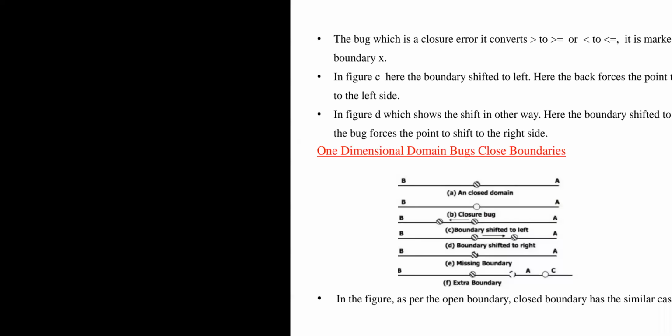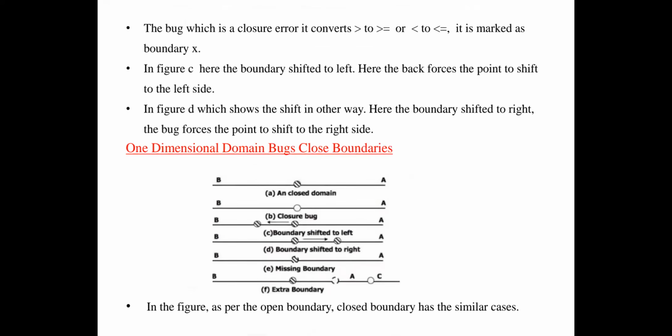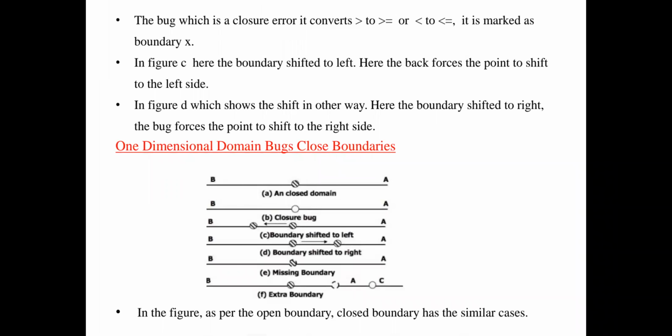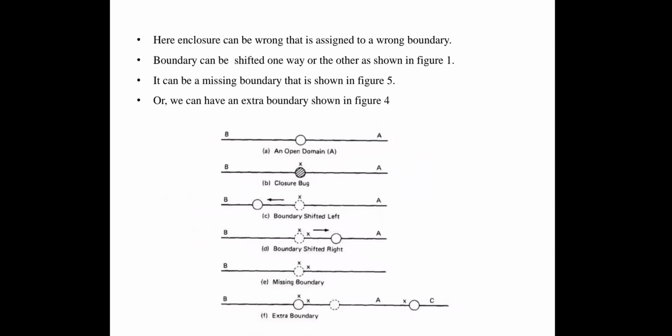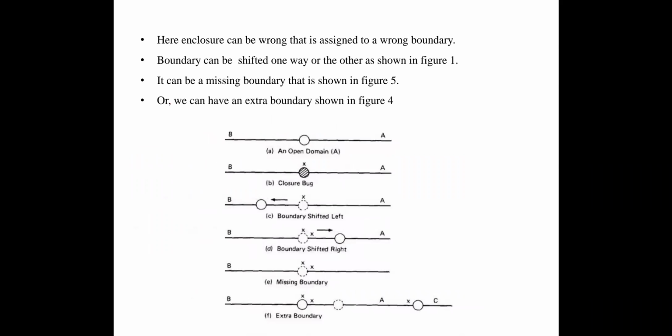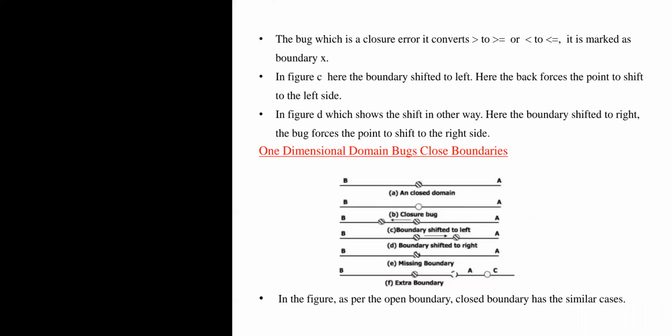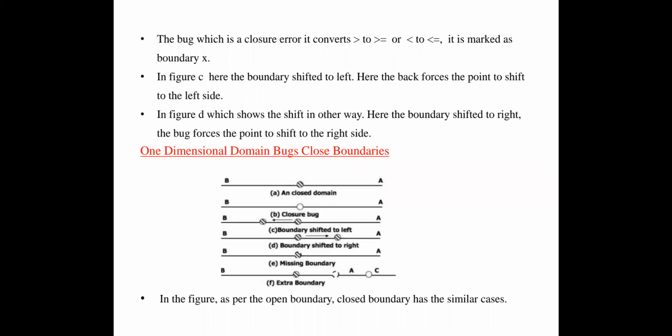Okay. See here, the closure error bugs are produced based upon these equations. When you are performing these equations on particular expressions, here we have two domains called A and B. This particular domain is represented by using operators like greater than, less than or equal to.